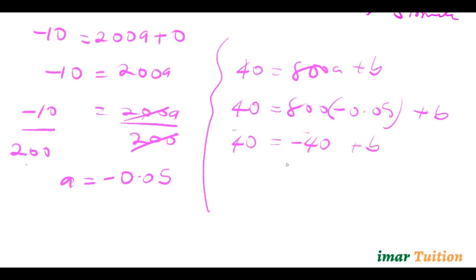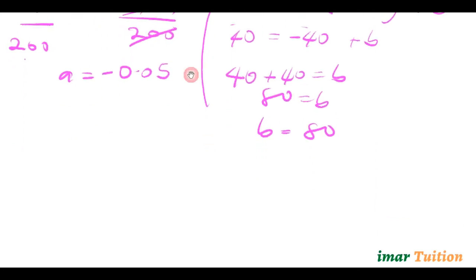As they are numbers, they are like terms that could be collected together. So we take minus 40 across. When it crosses, it becomes plus 40. You have 40 plus 40 to be equal to B. That gives you 80 to be equal to B. Can also be written as B to be equal to 80.